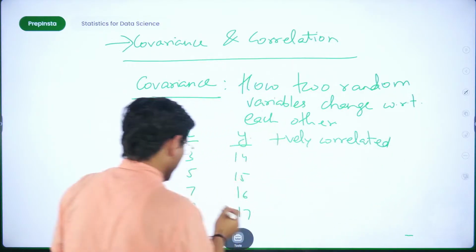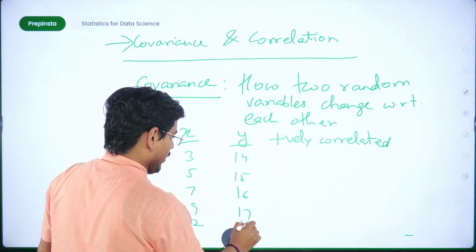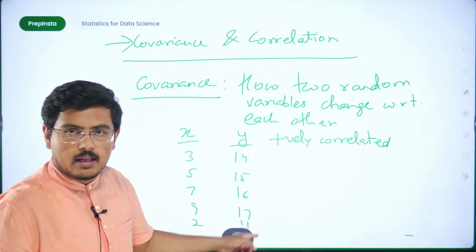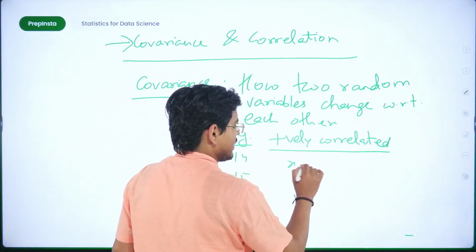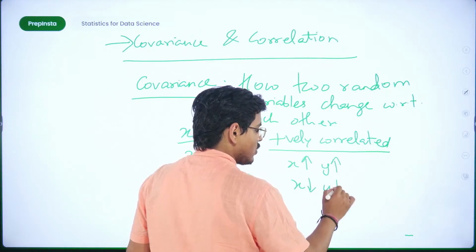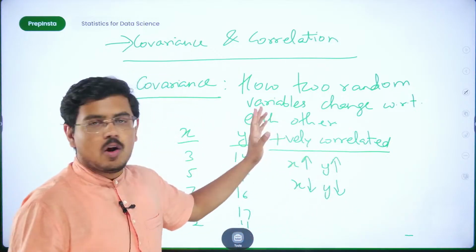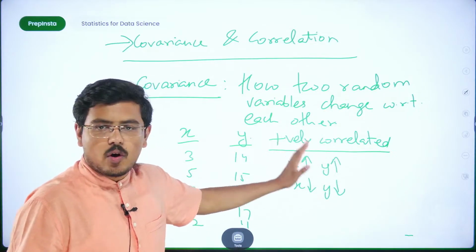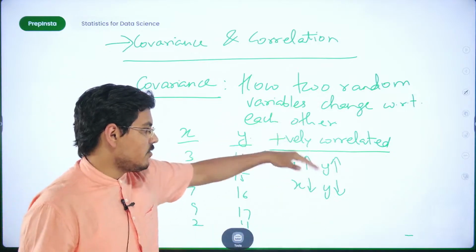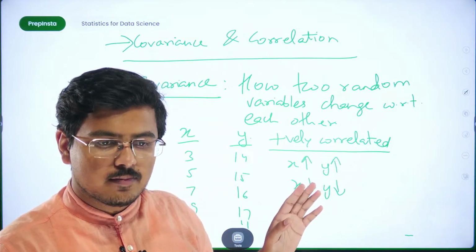What if I wrote one more data point here, 2 and 11? In this case, when I decreased the value of x, the value of y also decreased. When x is increasing, y is also increasing. When x is decreasing, y is also decreasing. Whenever we have such a condition, we call them positively related variables. Is this much clear to everybody?